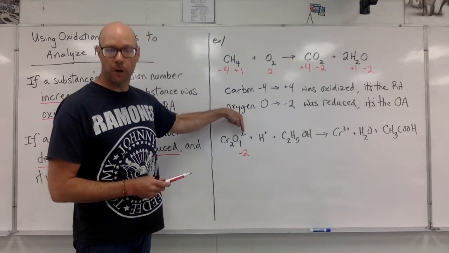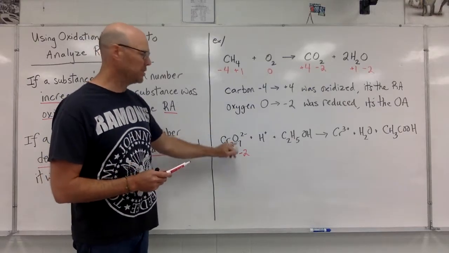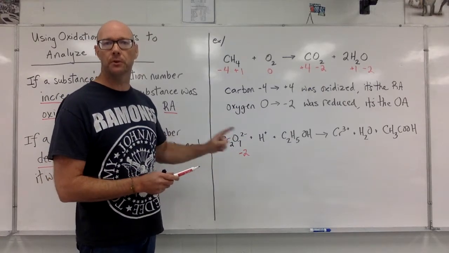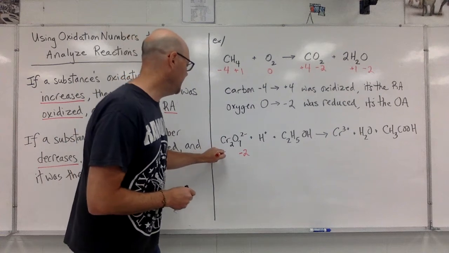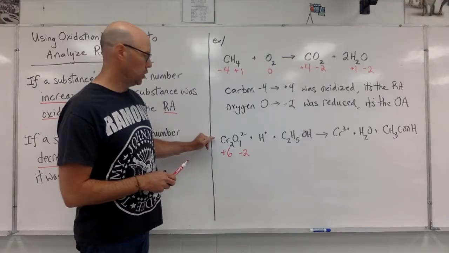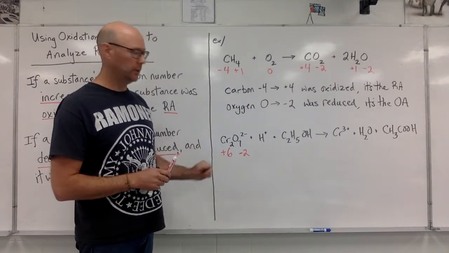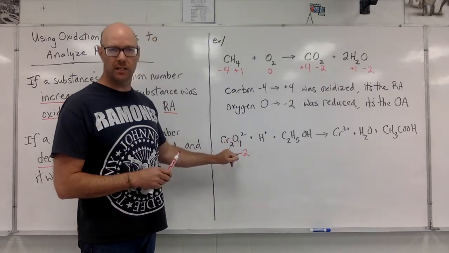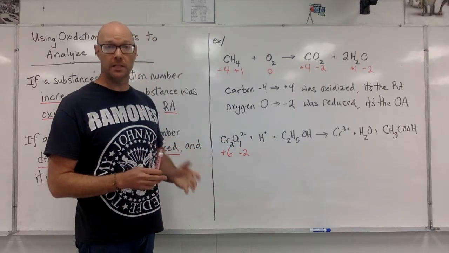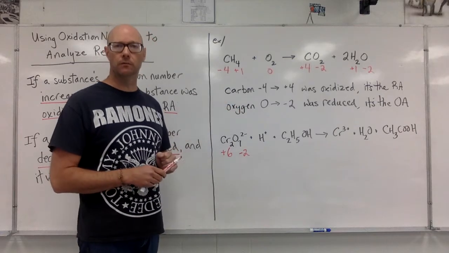We add in those -2 up there, it's positive 12. We want a positive 12 out of these chromiums, but there's 2 of them. So each one is going to be +6. 2 chromiums, each +6 makes +12. 7 oxygens, each -2, that's -14. +12, -14, that adds up to -2.